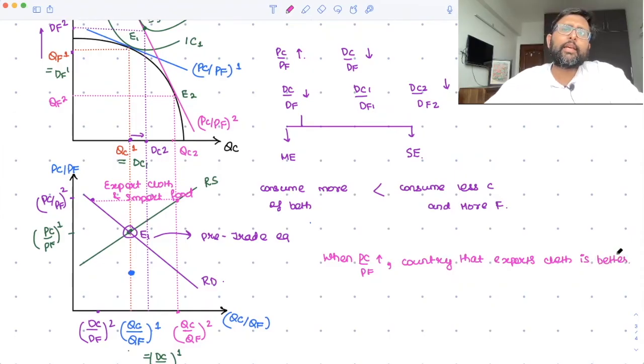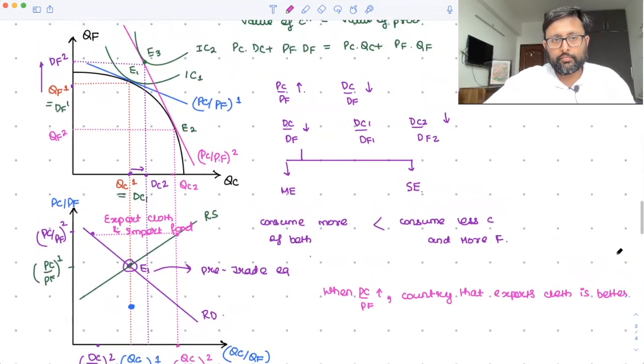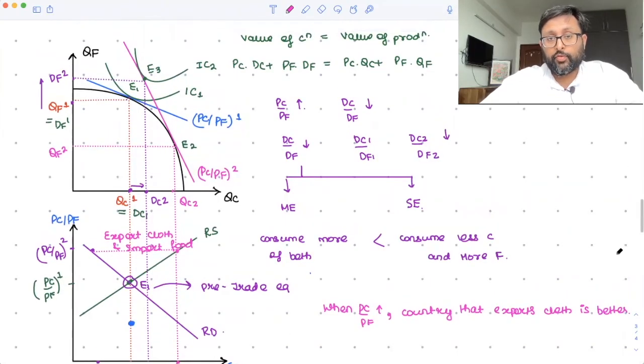And conversely, you can say if PC by PF has increased, the country that is exporting food is going to be made worse off, right? So an increase in PC by PF is going to make the exporter of cloth better off, and it's going to make the exporter of food worse off. Okay. And a decrease in PC by PF will make the exporter of food better off, because consumers can actually consume more of cloth, right?